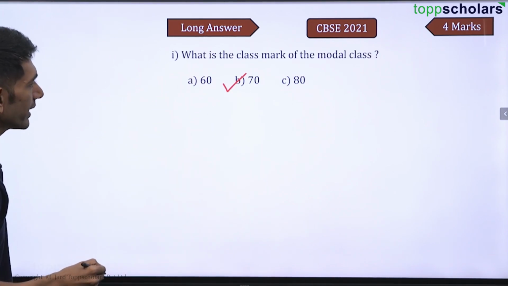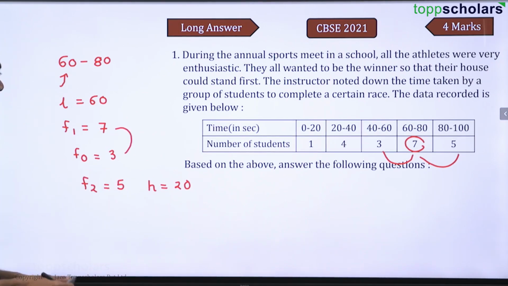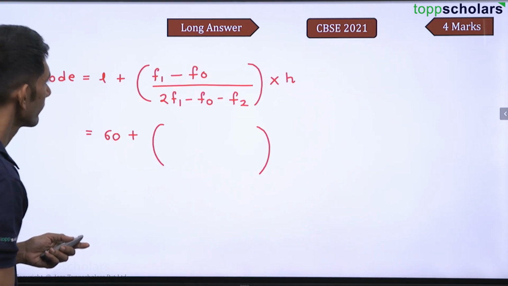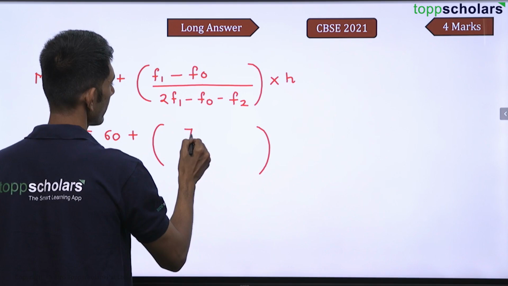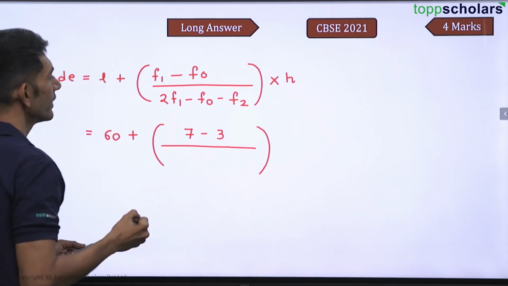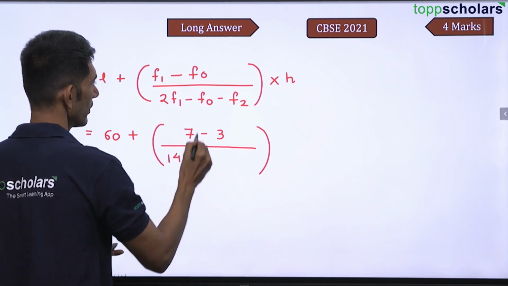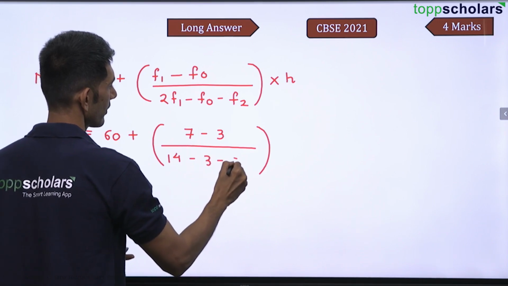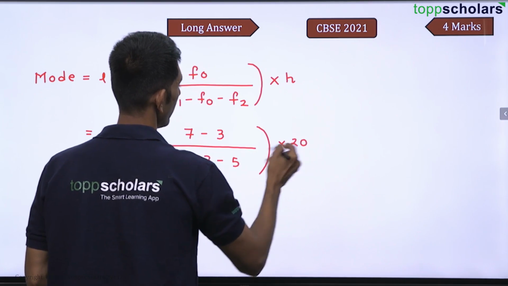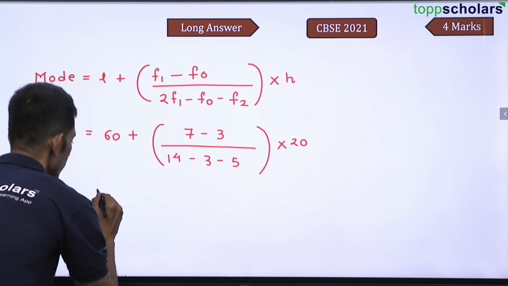So obviously you have to be very careful. F1 minus F0, 7 minus 3, by 2F1. F1 is 7, so 2F1 will be 14, minus 3 minus 5, into H is 20. Where did we get this 5 from? The same values.